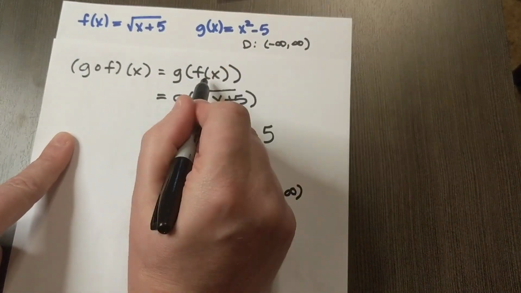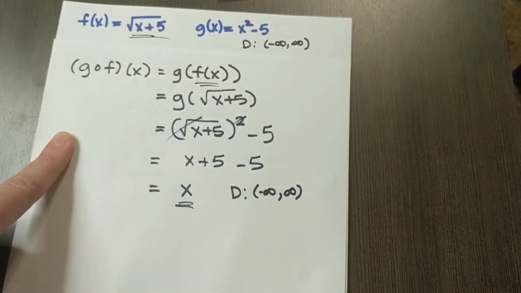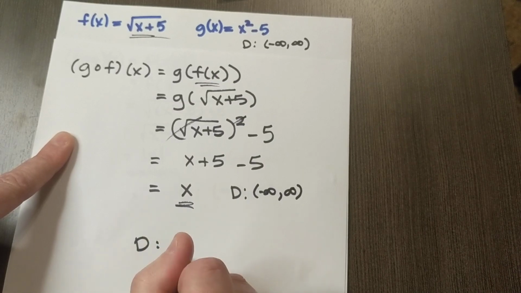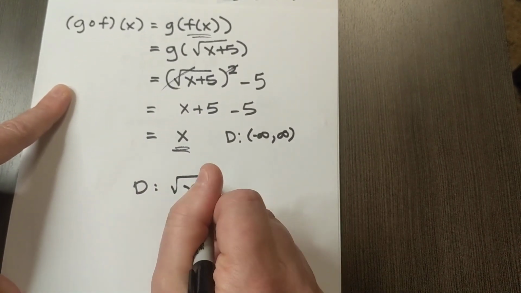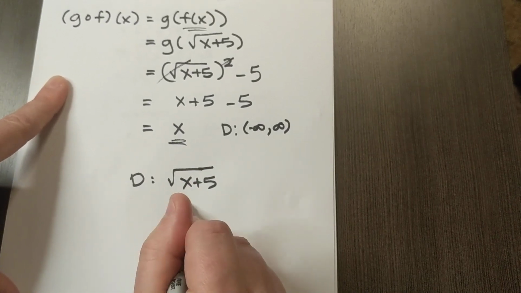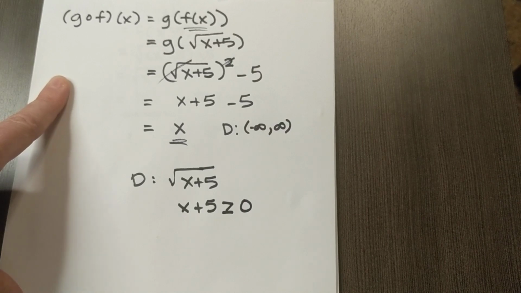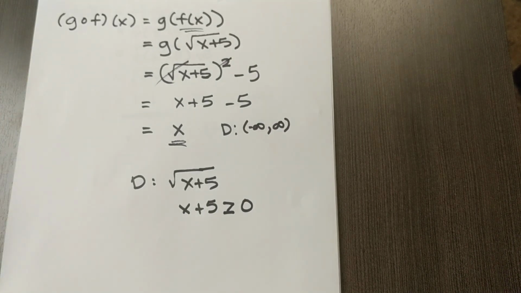But again, we need to look at our inner function. The inner function's f now. What is the domain of this? Well, for the square root of x plus 5, we know that it has to be greater than or equal to 0 for any square root to work. In other words, we can't have any negative numbers underneath the square root.